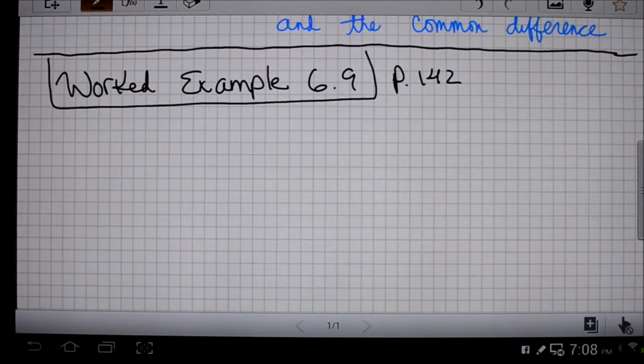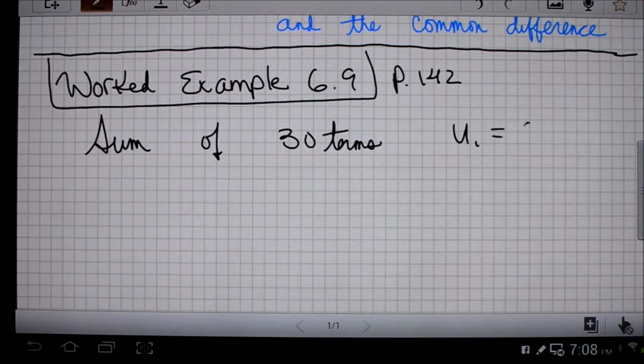And it says find the sum of the first 30 terms of an arithmetic progression. There's that word arithmetic progression again. The first term is 8 and the common difference equals 0.5.